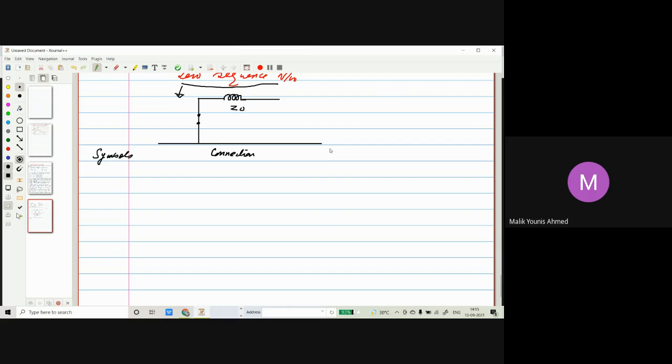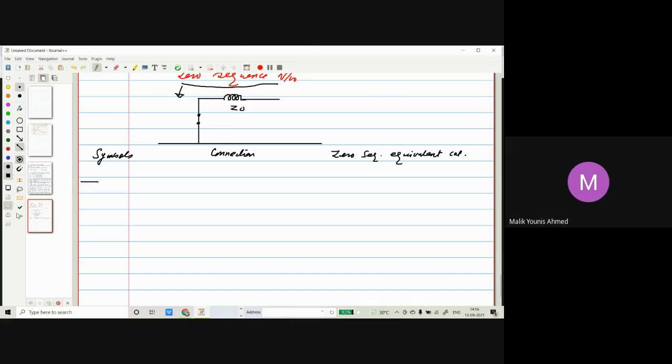And finally, we have the zero sequence equivalent circuit. So let me draw first.